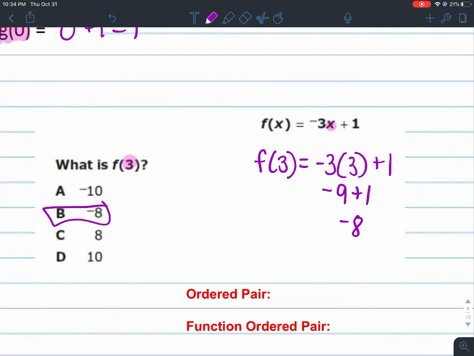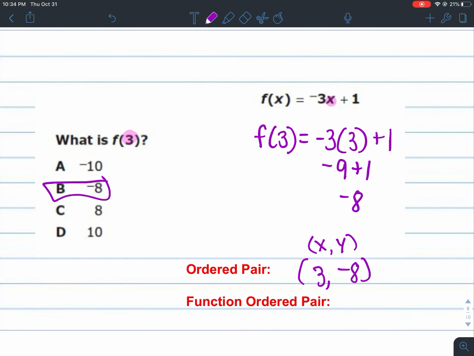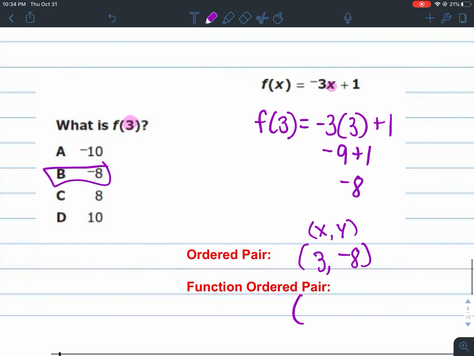So there's your answer. The way you would write this as an ordered pair, well, remember ordered pair goes x, y. My x is 3. My output was negative 8. The way you would write it as a function ordered pair would be, you would say 3, and then your y value is the output, which is f of 3.